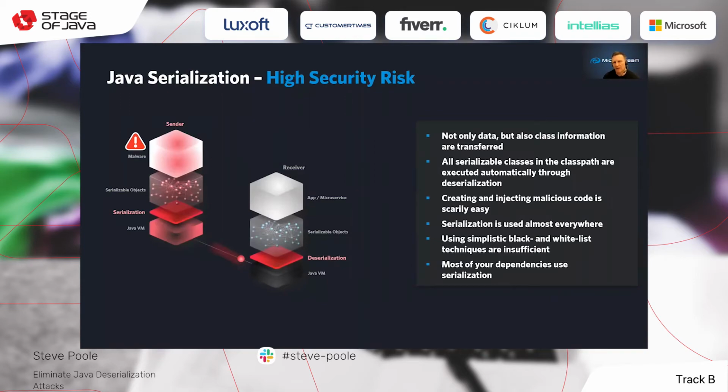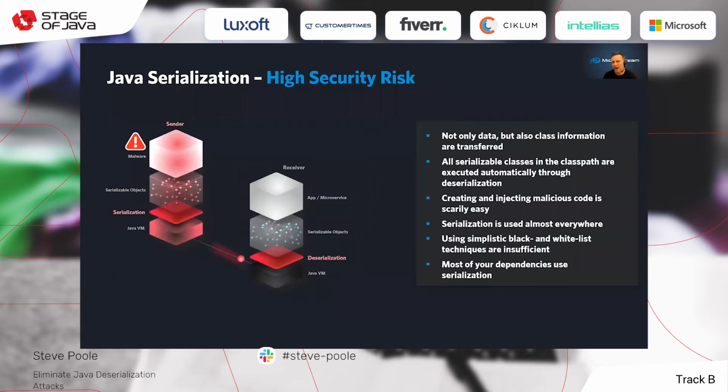And this enables the bad guys to inject and execute malicious code through deserialization scarily easily. And for the entire Java community, of course, it's a problem because Java serialization is almost everywhere. It's used by almost any Java application, by almost any framework, by application servers. So it's really almost everywhere.